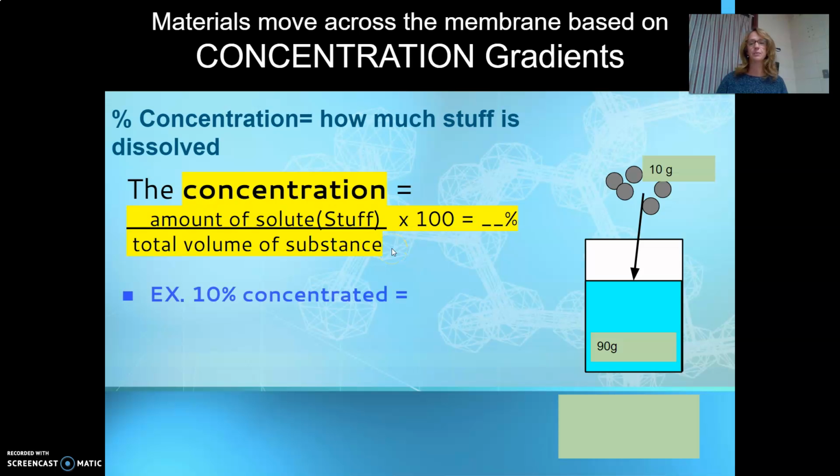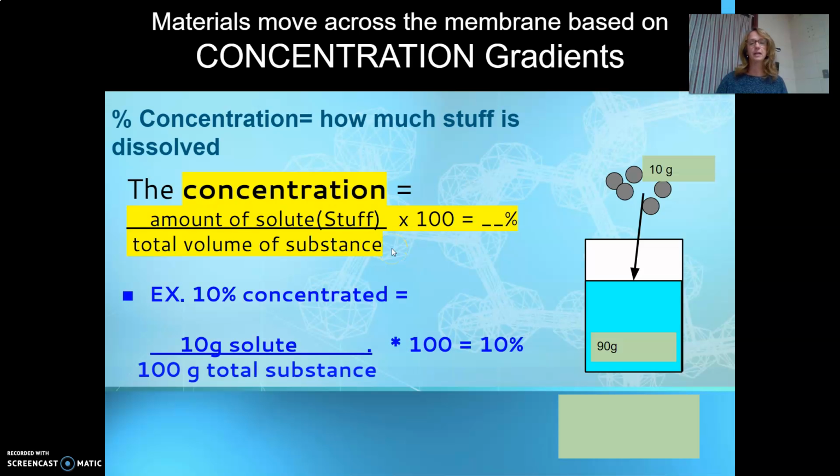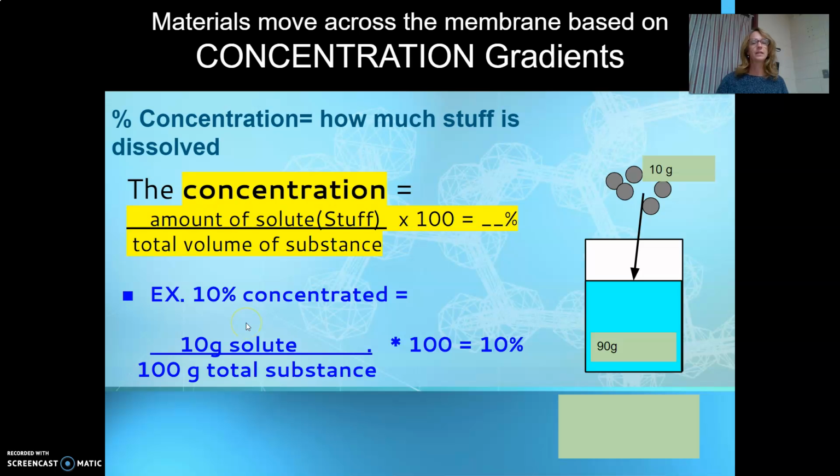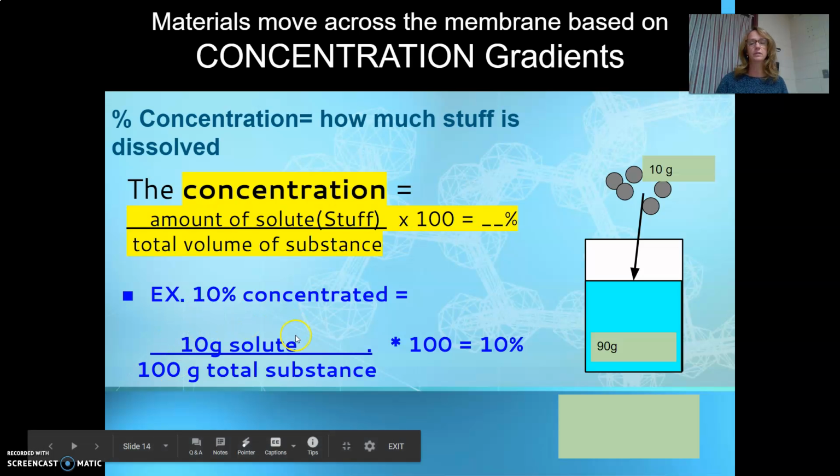So for example, a 10% concentrated solution has 90 grams of stuff or liquid, 10 grams of solute. When you combine those, it's a total of 100 grams of substance, but you had 10 grams of stuff in that total. So percent is always part over the whole times 100.